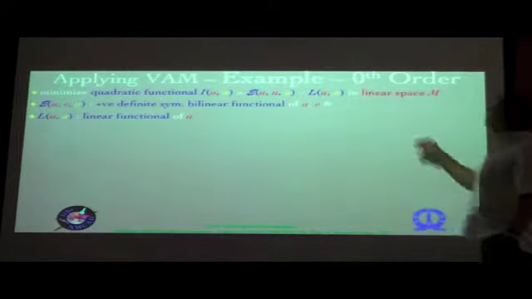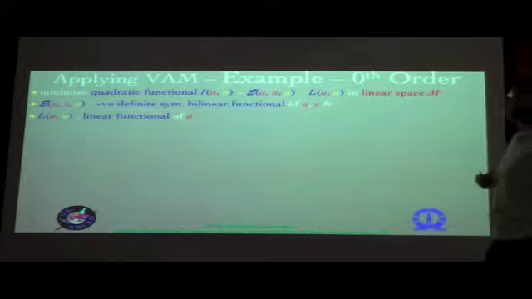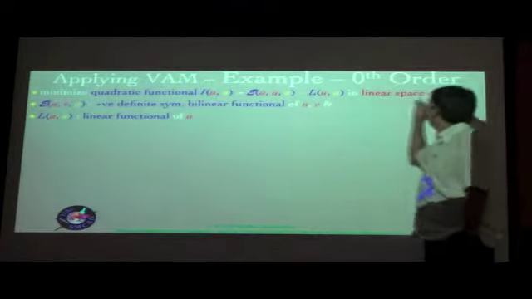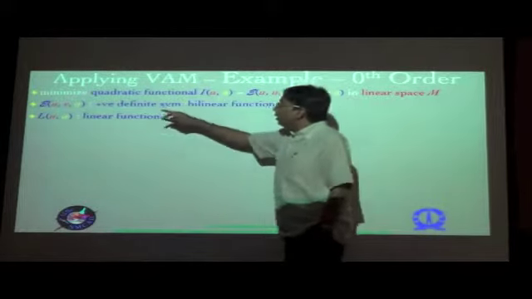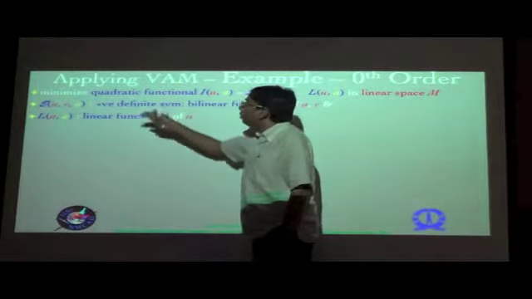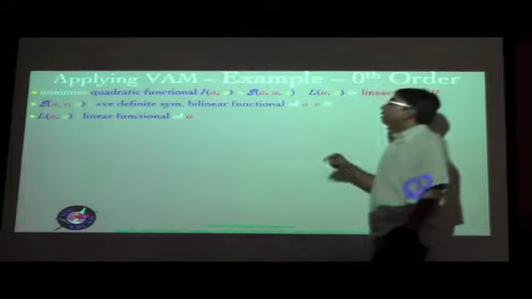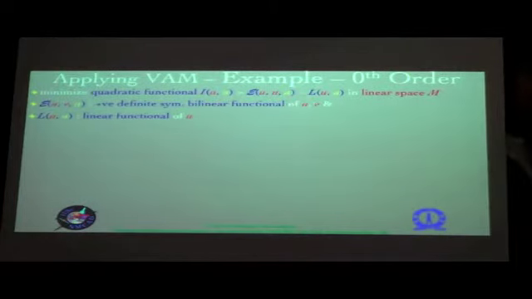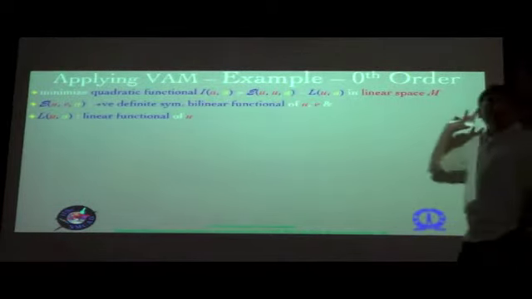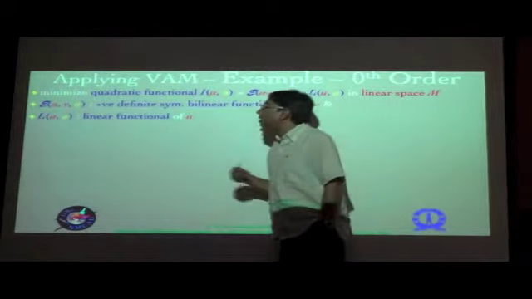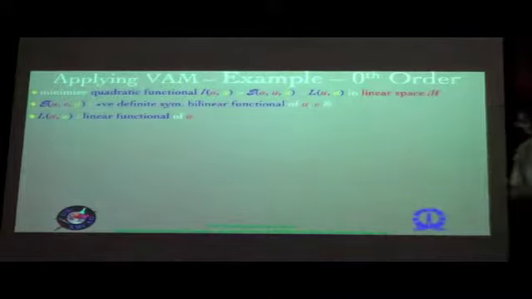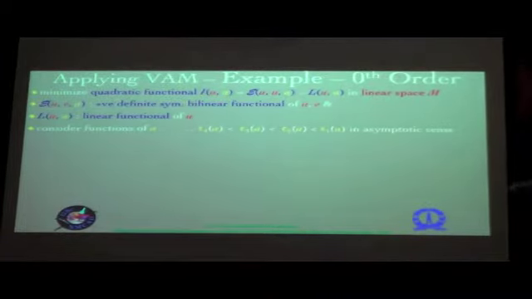Okay, so in a linear space M, the u's basically belong to that space M, so that's why the same color code over there. And then E of u comma v comma a is a positive definite symmetric bilinear functional of u comma v. This is given to you in the problem, let's say. And let's say L is a linear functional of u, as is evident over there.